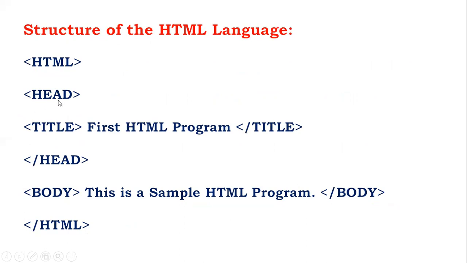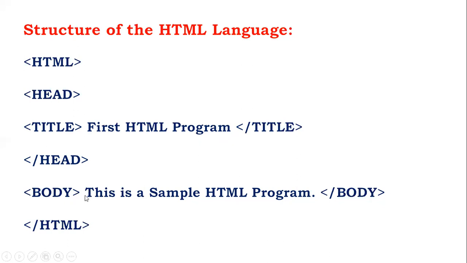And the second one is the head tag, and I have closed the head tag after the title tag, and you can close this head tag after the body tag also. And in the title tag, I have mentioned first HTML program. This information is going to be displayed on the title of the web browser.